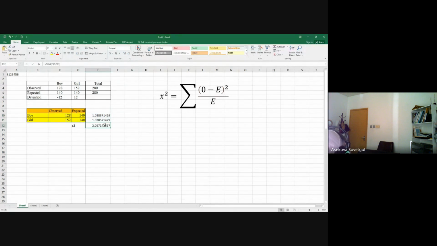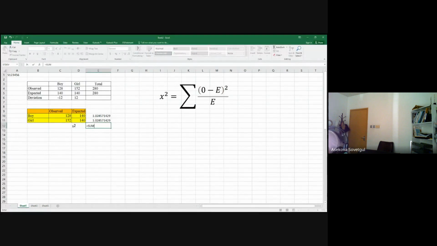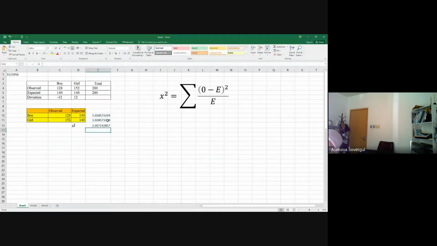This is one way. Another way is equal sum. If you click two times, it asks for your values, so I will do the addition. We will simply do it like this. Done. So our chi-square value is 2.06. Yeah, this is our chi-square value.